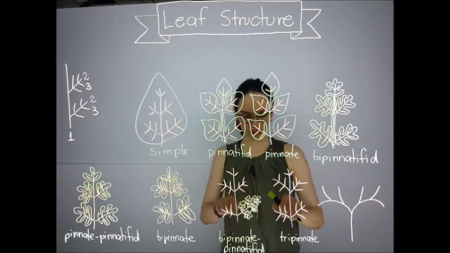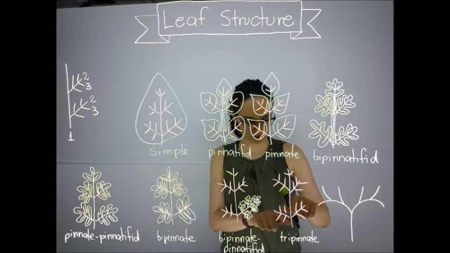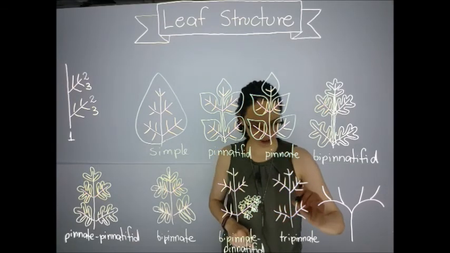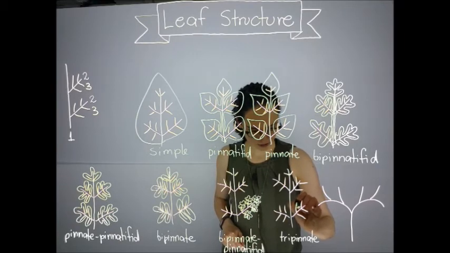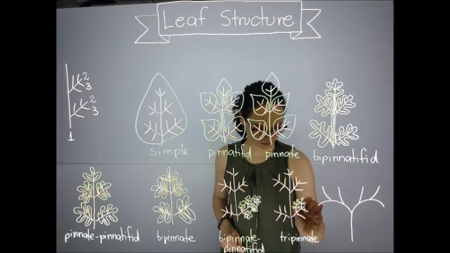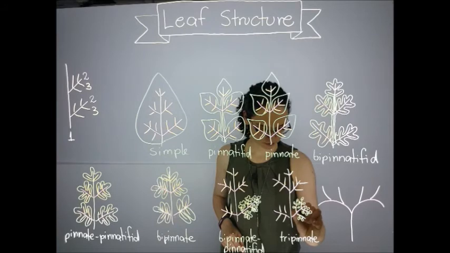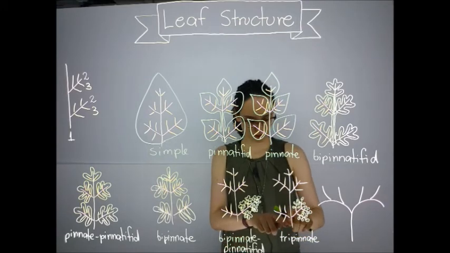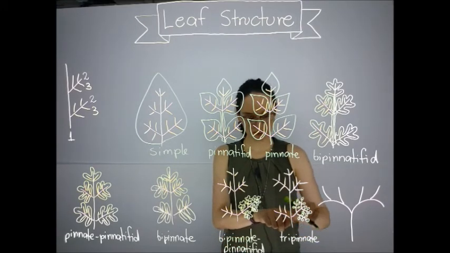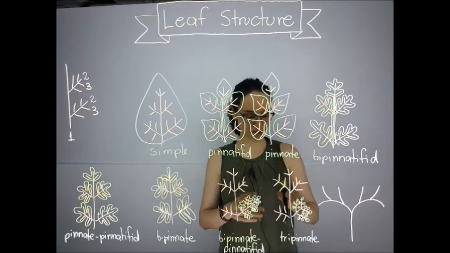In that case, there's complete separation from the first, the second, and the tertiary axis. So you have very small leaflets. So you have 1, 2, 3 axes that don't have any blade surrounding them.